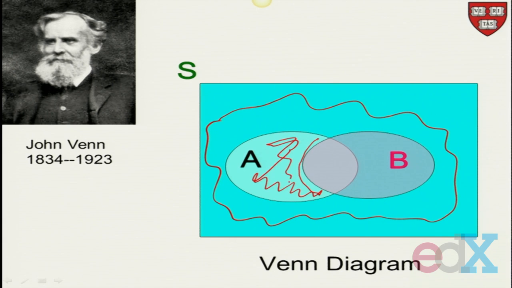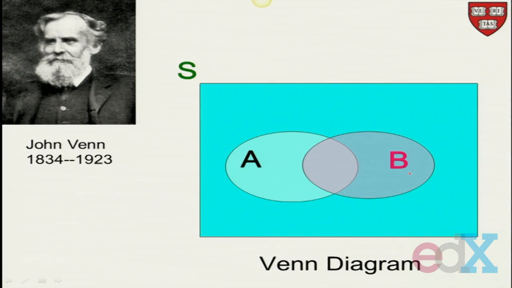Those here, those are A but not B. And then here, those points are both A and B. And then the points on B here are B but not A. So A and B is this area here where we have both A and B. So all the points in here give you both A and B.